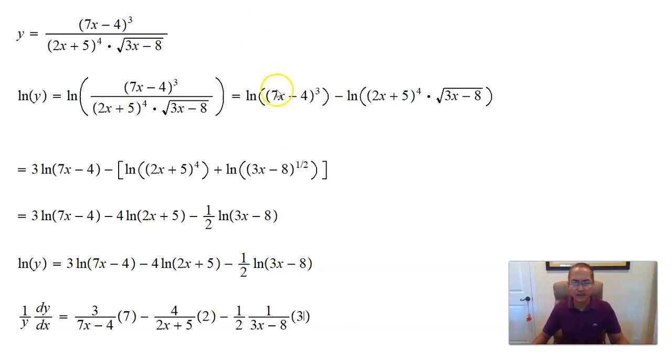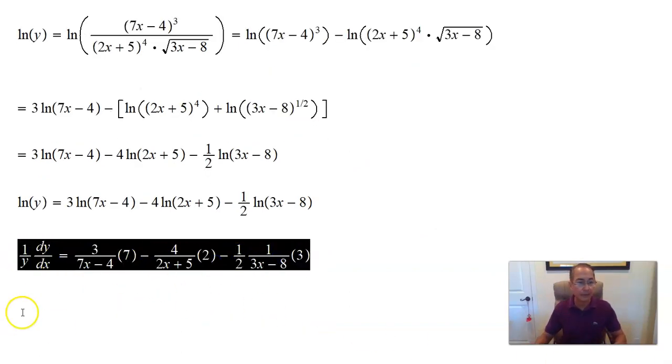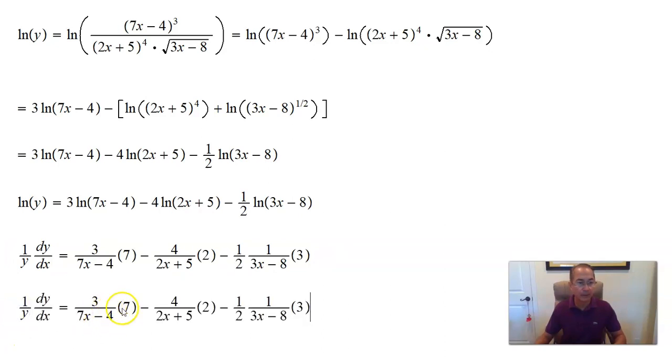Okay, and I think it would be nice if we would simplify the right side with all of those constants. So we will get 21 in our first numerator. The 2's don't cancel. Minus 4 times 2, that's minus 8.